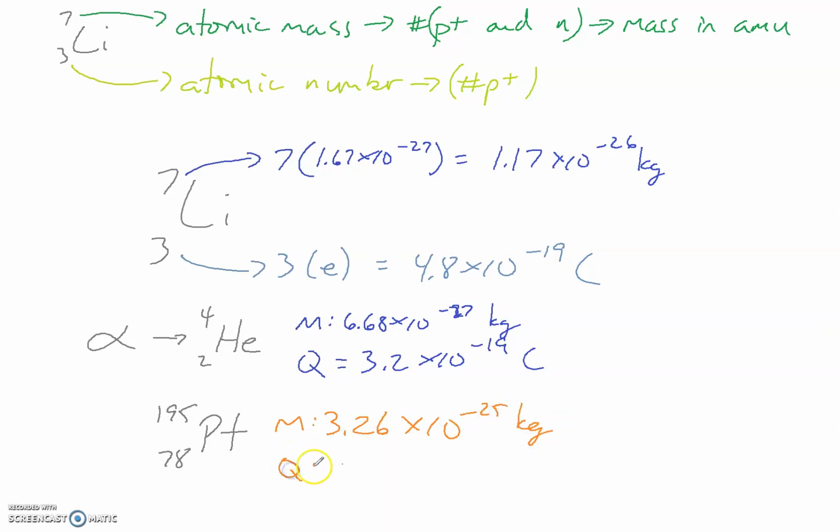And for the charge, there's 78 protons, so we'll do 78 times the 1.6 value, or charge of a proton, and we multiply that out, and we get 1.25 times 10 to the negative 17 coulombs. So there's the charge of the nucleus.